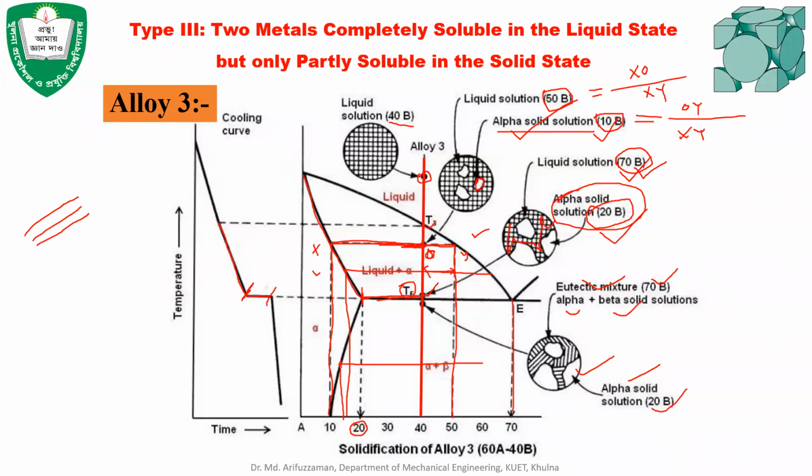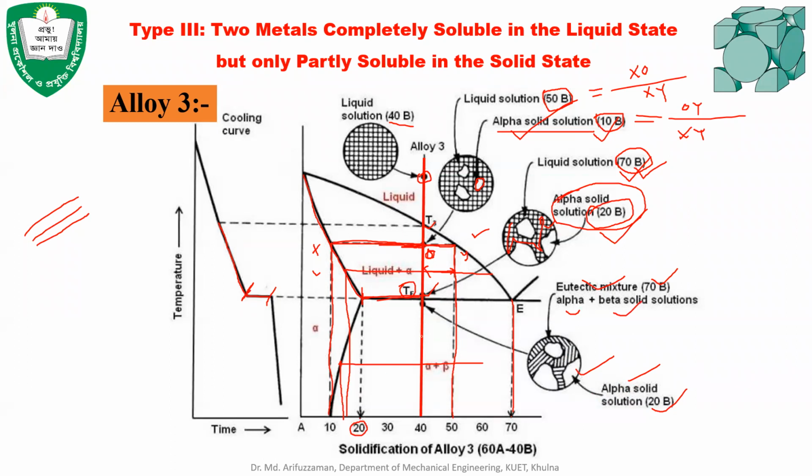So alpha will release some B atoms. When the temperature drops, from alpha of 20% B, some of the B atoms will diffuse away from the alpha solid solution and move to the beta solid solution. And the chemical composition will also change.